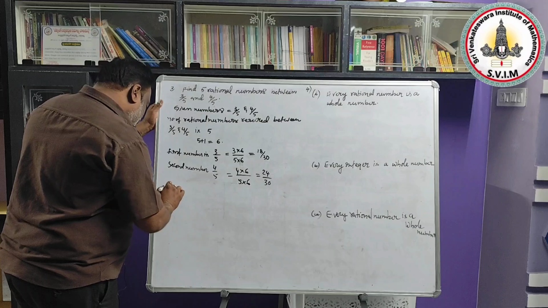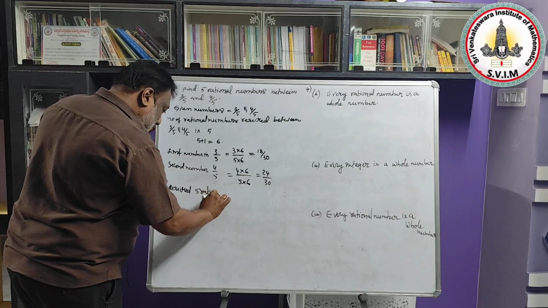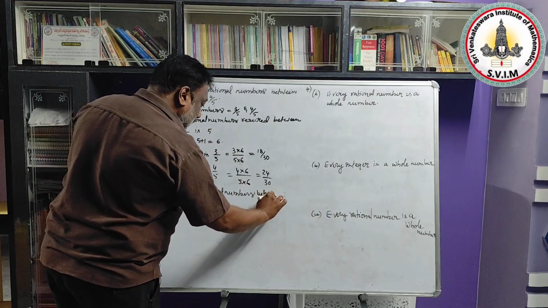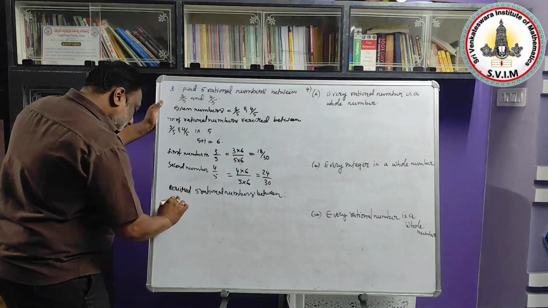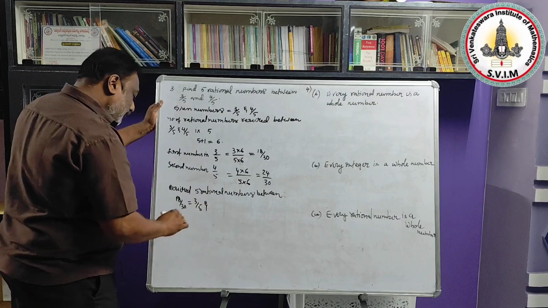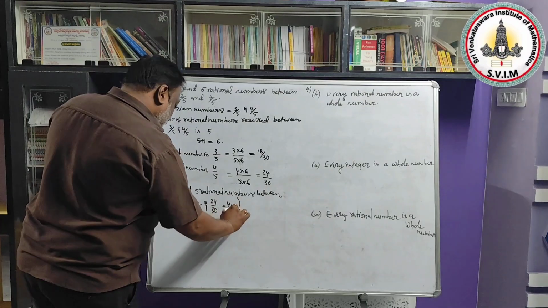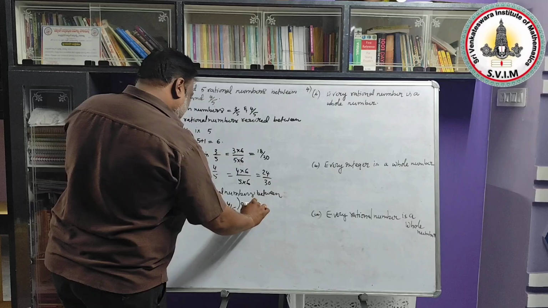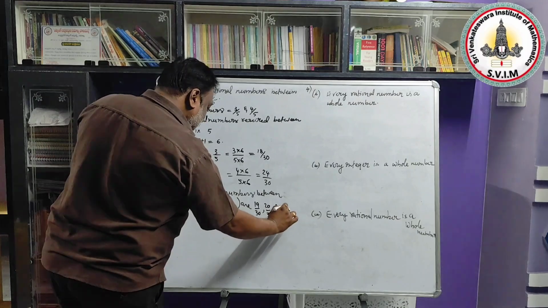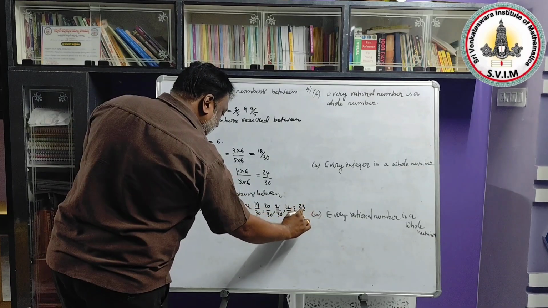So now listen to me. Required 5 rational numbers between 18 by 30, that is nothing but equal to 3 by 5, and 24 by 30, nothing but equal to 4 by 5, are: first one 19 by 30, 20 by 30, comma 21 by 30, 22 by 30, finally 23 by 30.